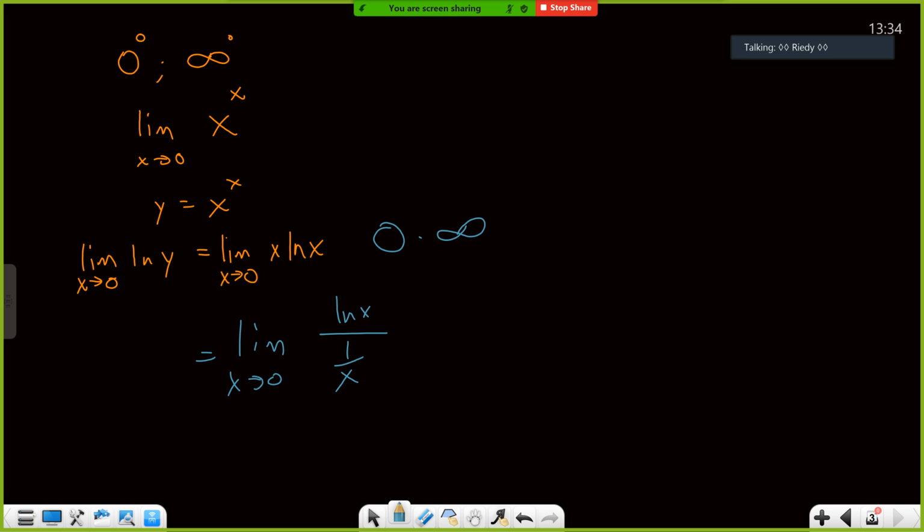Because again, I'm less scared of the x, so I send that to the bottom. This gives me, what does that give me? Infinity over infinity. There's a minus sign in there. But, okay, so there, we're happy. Doesn't matter, it's the same thing. L'Hopital's.